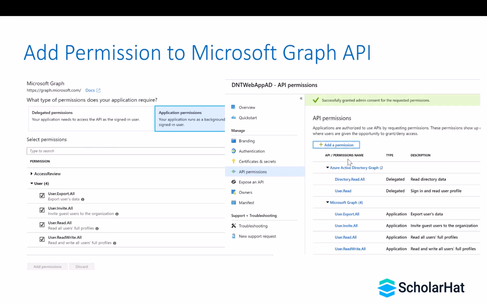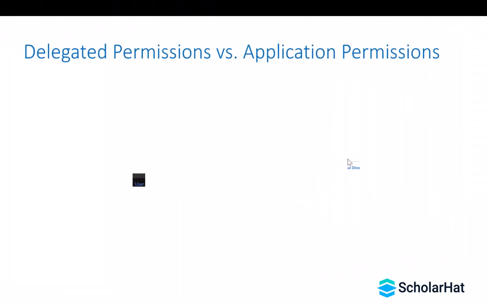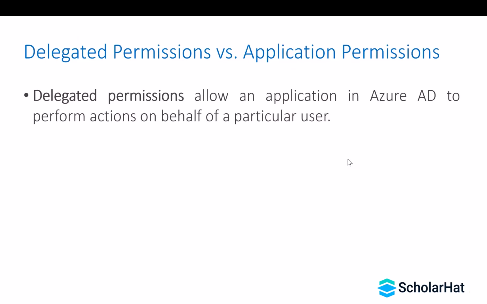Now before providing the permission, let's look at how the delegated permission and application permission are different from each other. The delegated permission allows an application in Azure AD to perform actions on behalf of a particular user. So on behalf of that particular user, the delegated permission is used at the application level to perform those actions.